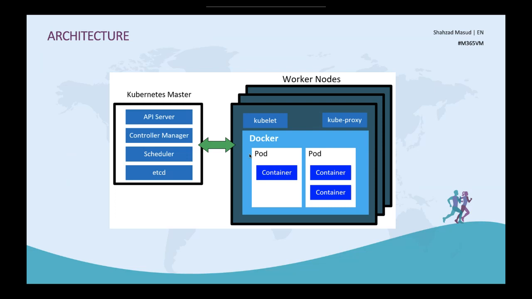Kube proxy is something which helps you with the scalability factor as well. Whenever you have more users accessing the same system, it automatically scales itself up, and that helps us with the SLA of the application.